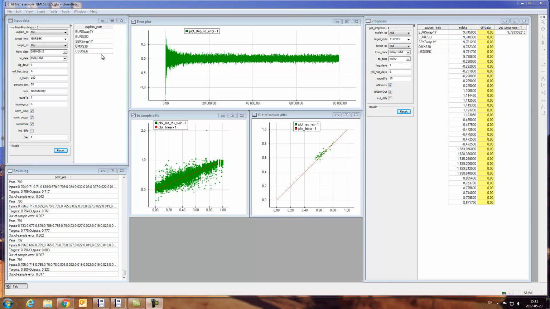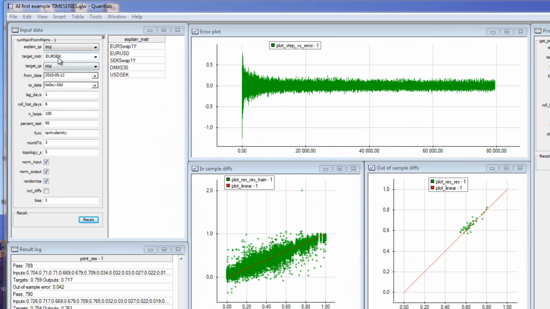So what do we have that we didn't have last time? Well, here we try to predict the future of the euro-SEK exchange rate. In order to predict that, we use the time series of the euro-SEK itself, and we also use the interest rate, the 1 year euro swap, and the other cross rates, the USD SEK, the euro US dollar, and also the OMXS 30 equity index.